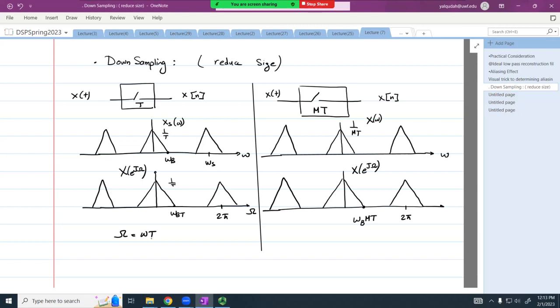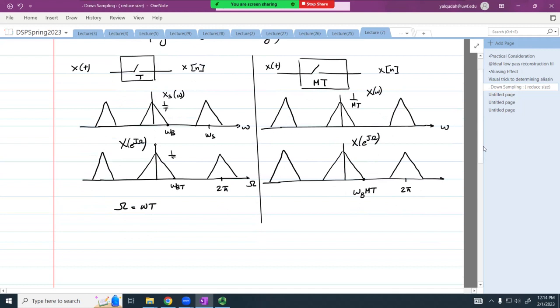Now the question is, what is the limit on how much I can reduce the sampling of the signal before I have aliasing? When omega_B MT equals pi, the limit is when these are touching.